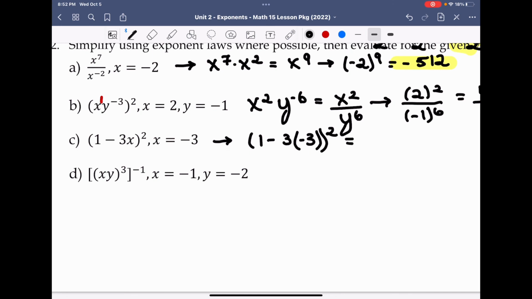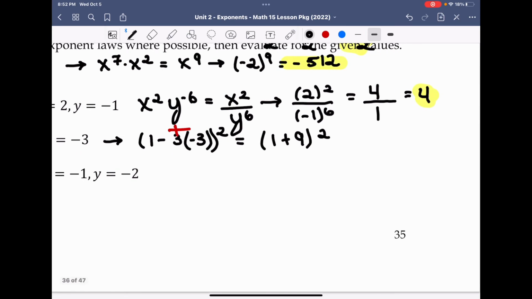This is equal to, well, we know that 3 times 3 is equal to 9. And a negative times a negative is equal to a positive. So we can replace this with a plus, and we would say this is equal to 1 plus 9 squared. This is equal to 10 squared, and 10 squared is equal to 100.